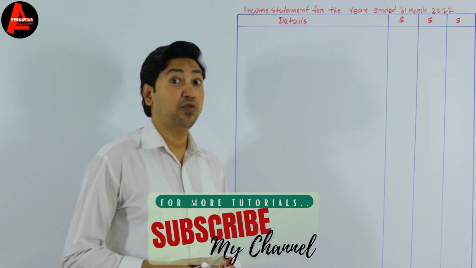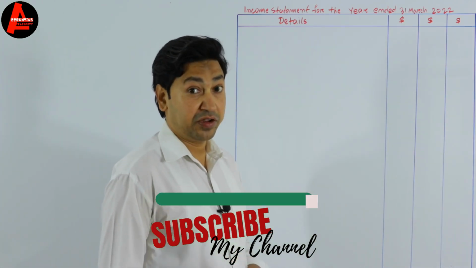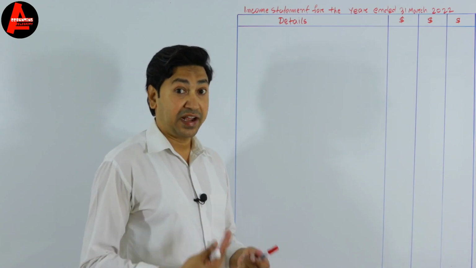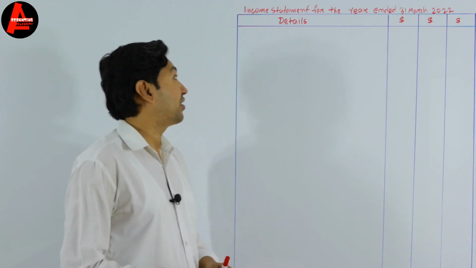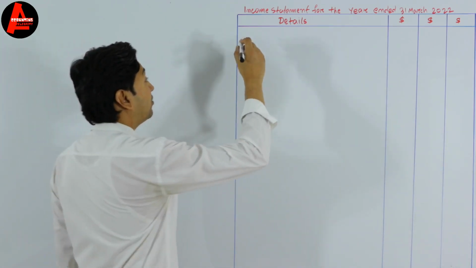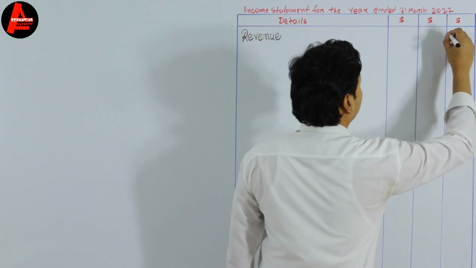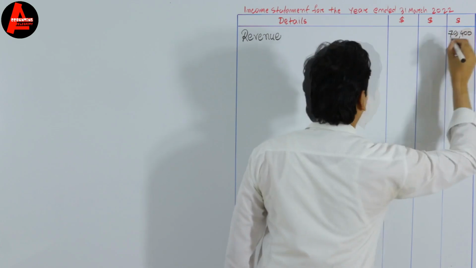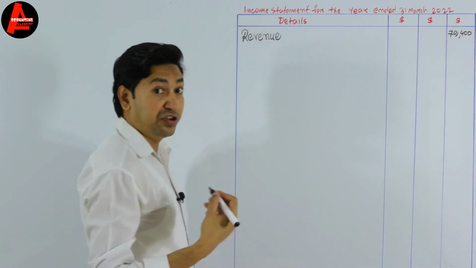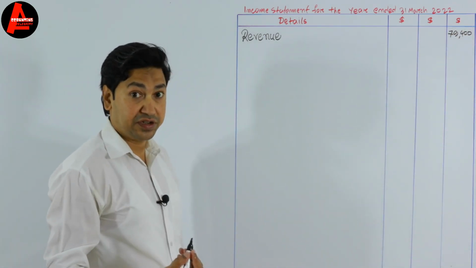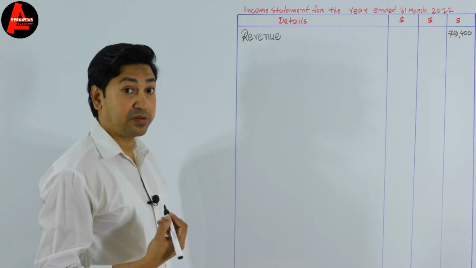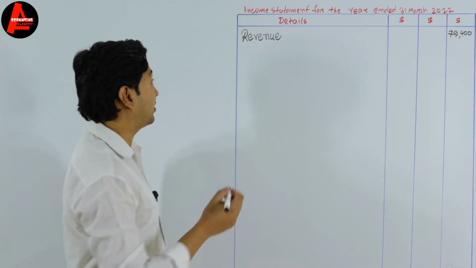First of all we need to write the revenue. Revenue means the sales revenue, right? So let us write here revenue, $79,400. Then we have sales return. Sales return will be subtracted from the revenue. Always don't forget.